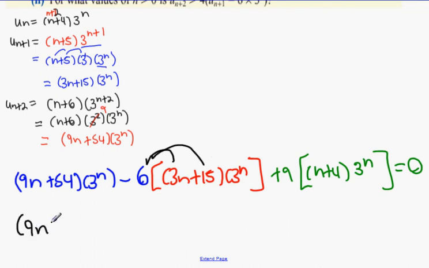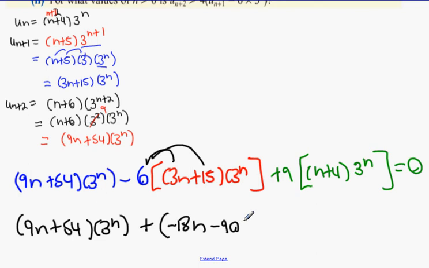What happens? We're going to have 9n plus 54, bracket 3 to the n, and then we'll just use a plus bracket. What's minus 6 times 3n? Minus 18n. What's minus 6 times 15? Minus 90. And that's bracket 3 to the n, isn't it?